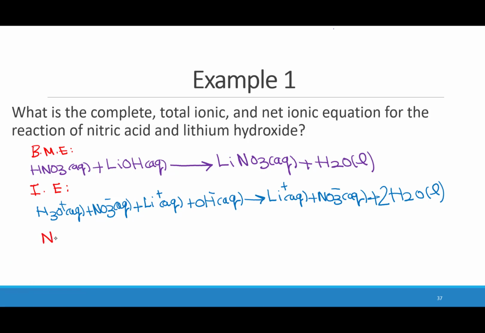And the last one is the net ionic equation. Now, let's look at the spectator ions. The nitrate ion is a spectator ion. Lithium ion is a spectator ion.